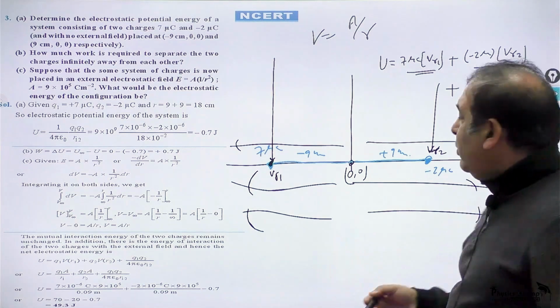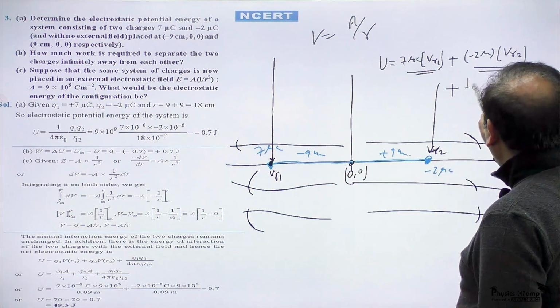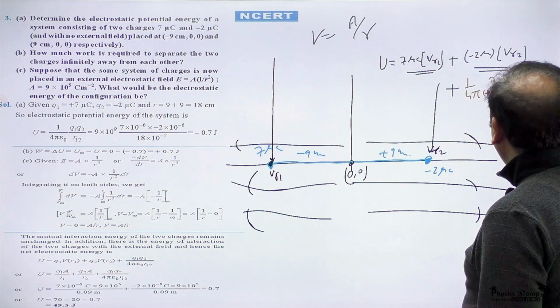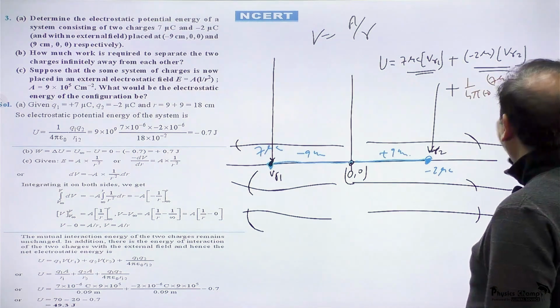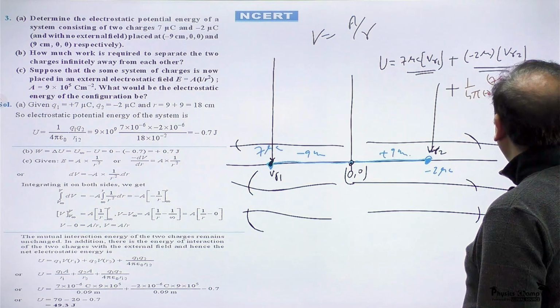This is the work done to bring the minus 2 microcoulomb charge to its potential, plus the electric potential energy due to their own combination, which is 1 by 4 pi epsilon naught into 7 microcoulomb into minus 2 microcoulomb divided by the separation of 18 centimeter.